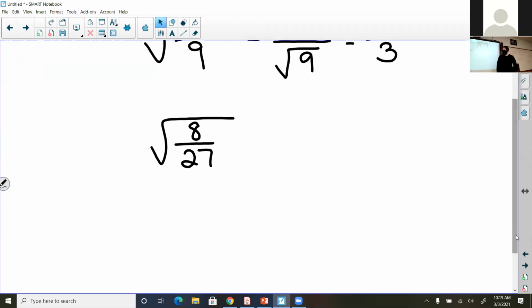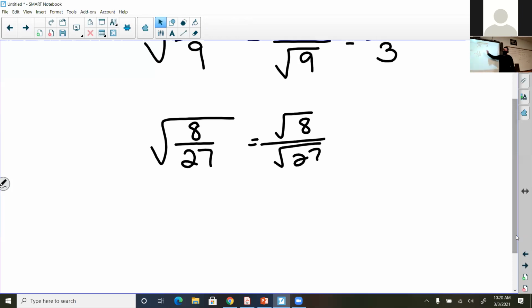So if I had something like the square root of 8/27, what number times itself would give me a simplified answer? And so we'll just keep it simple. So the square root of 8 divided by the square root of 27.